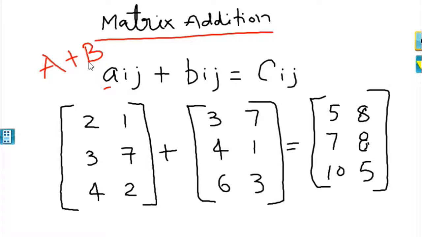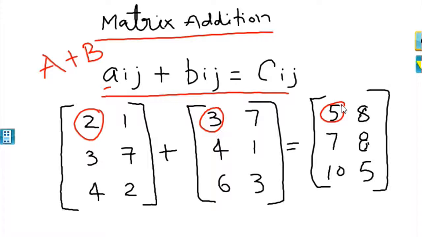Aij plus Bij equal to Cij. 2 plus 3 is 5, 1 plus 7 gives 8 and so on. Just simply add the corresponding elements. So in order for the matrix addition to be possible, both matrices must be similar. That means they must have same number of rows and columns.